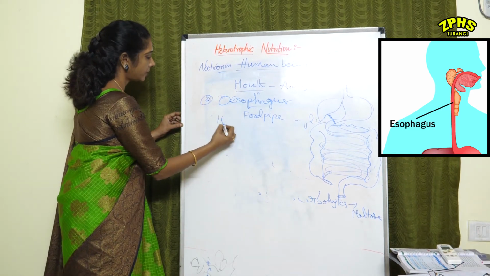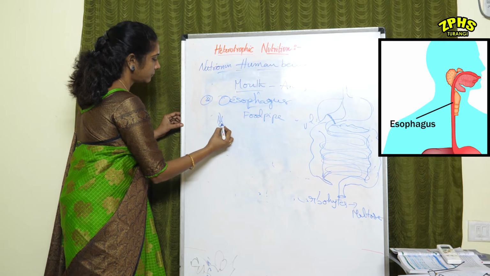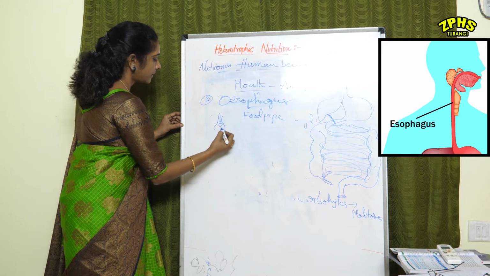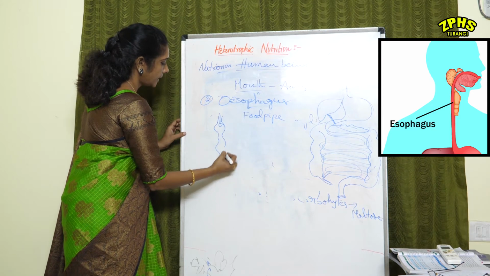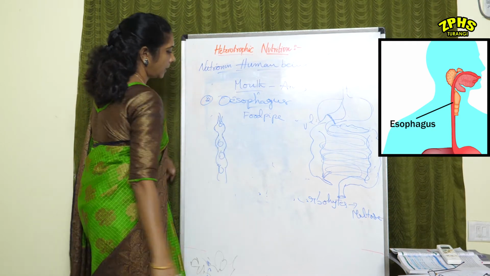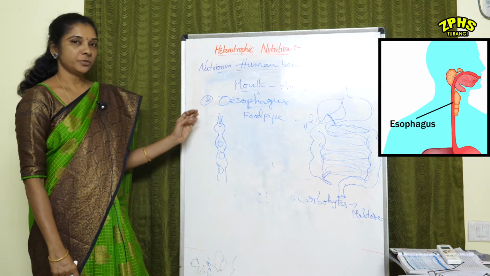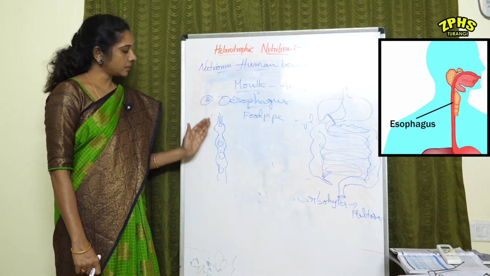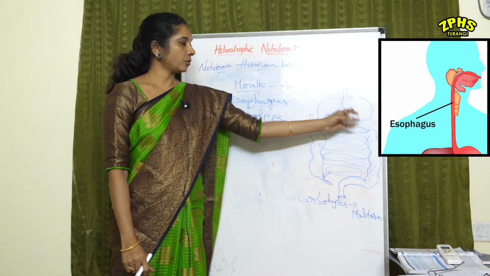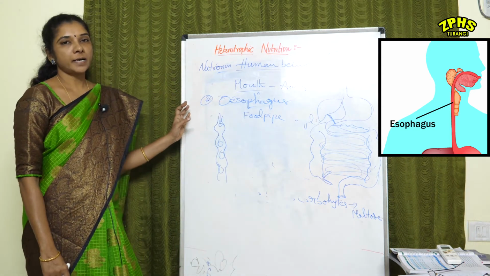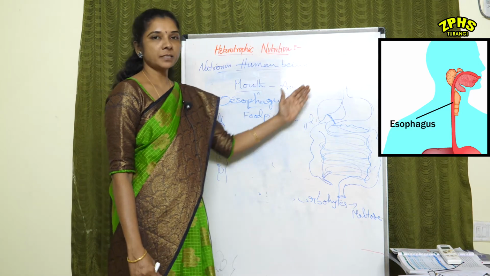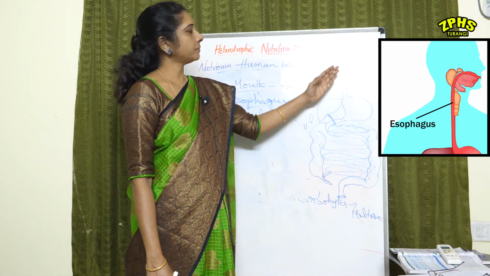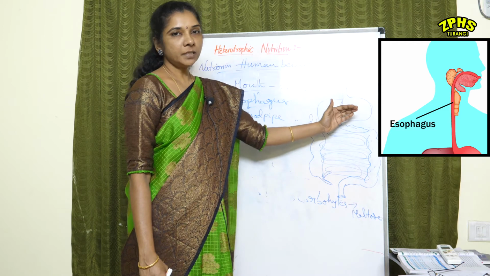After the food enters, it expands and then it contracts. So using contractions and expansions, it sends the food to the stomach. These are called peristaltic movements. Using peristaltic movements, the esophagus sends the food from the buccal cavity to the stomach.